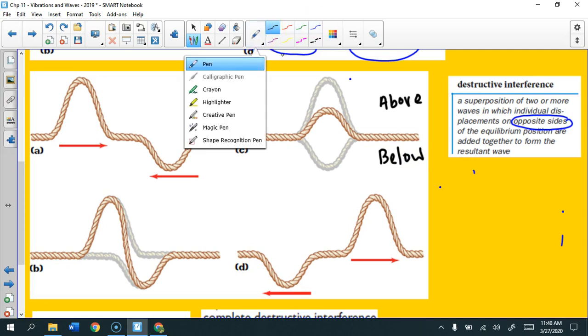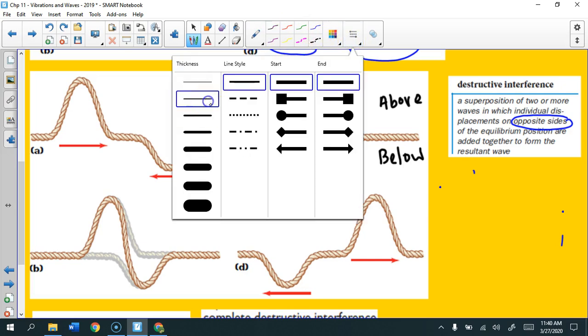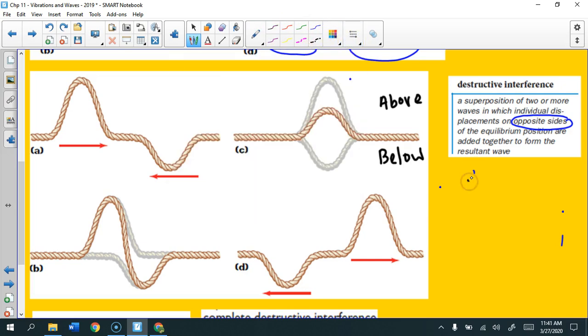Opposite sides essentially means one is on the top side, the other one's on the bottom side. They are also traveling in opposite directions. Please realize that. So here they're on opposite sides, and they're traveling in opposite directions.